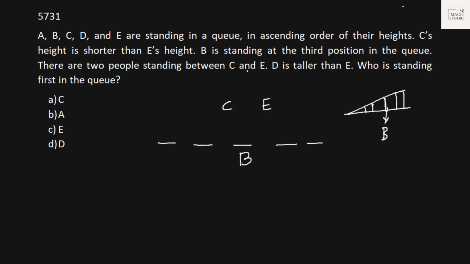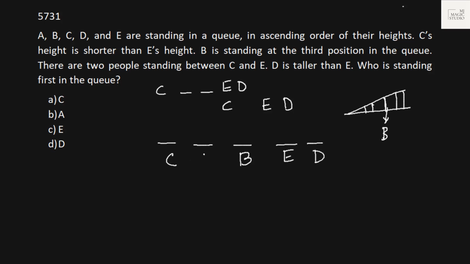There are two people between C and E. It can be C and then E can go here. But D is taller than E. So it is given that there are two people between C and E, and D is taller than E. That gives us 5 people: 1, 2, gap, E should be at this position.